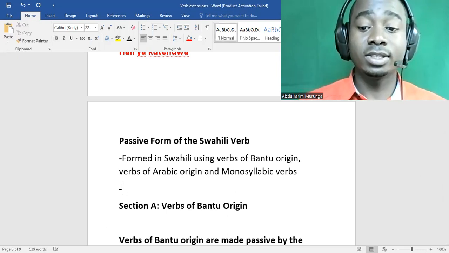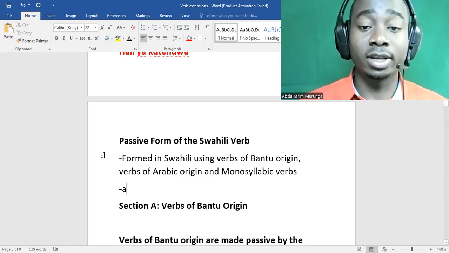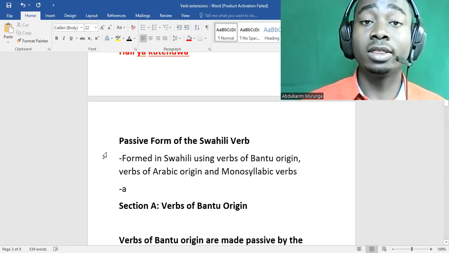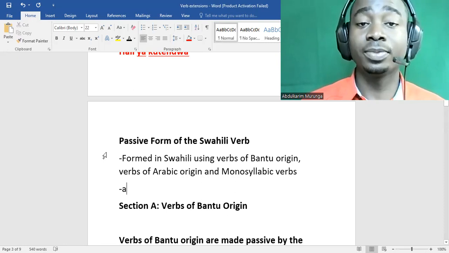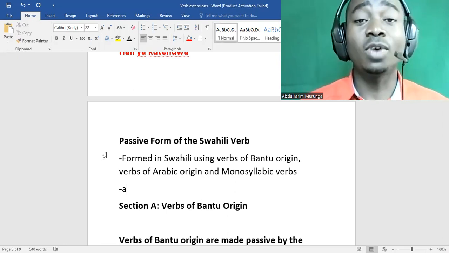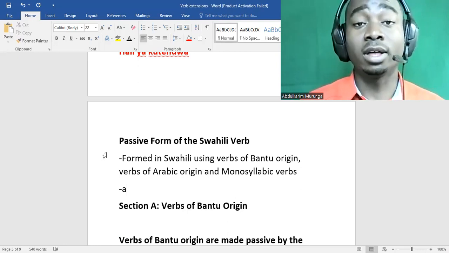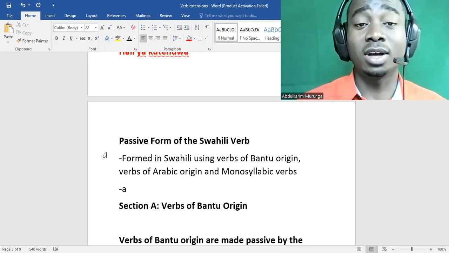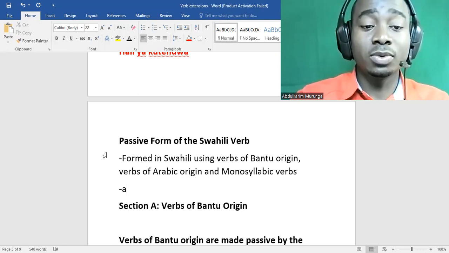We say this is ki ishio, "a." They end with "a." While the verbs of Arabic origin don't end with "a." The verb of Bantu, they end with "a," while those of Arabic origin, they don't end with "a."